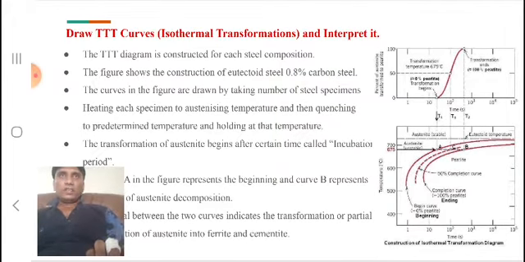Retained austenite is not advisable and should be avoided as much as possible. To avoid this, isothermal transformation heat treatment is done to get good mechanical properties and to avoid any failure during the service condition of the steel.